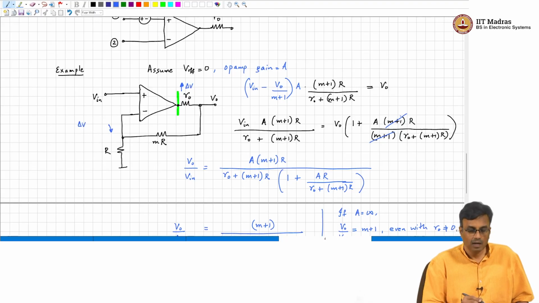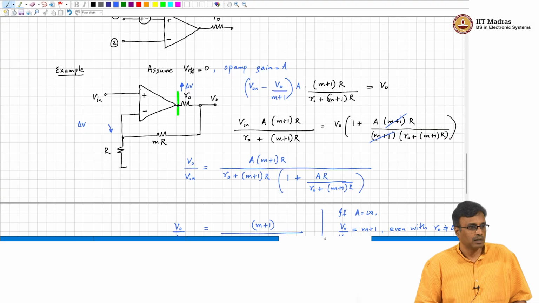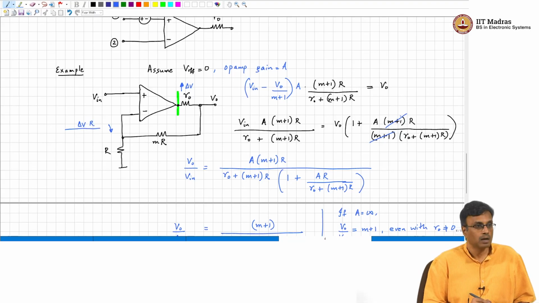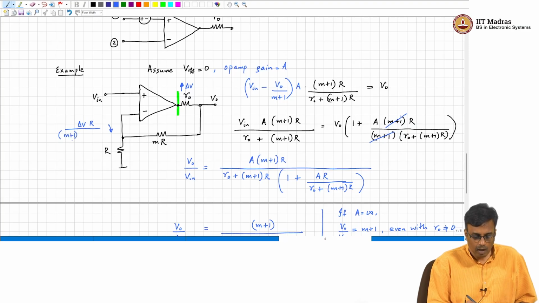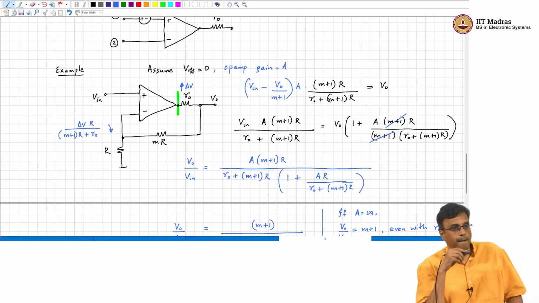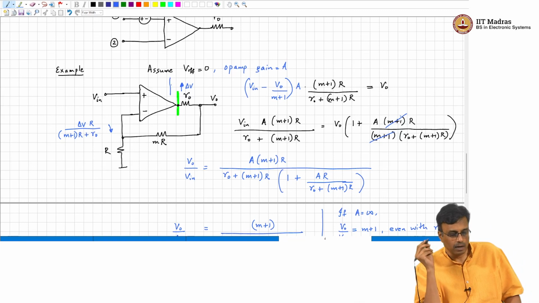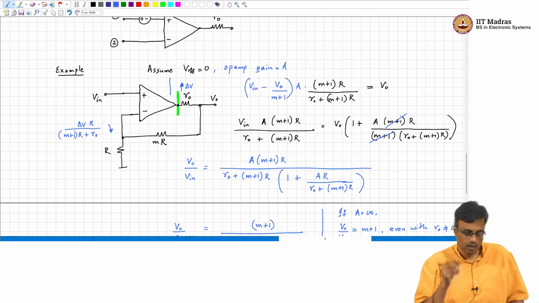Delta V, look carefully and answer. R by M plus 1 R plus R naught. Okay. And so what is the voltage that comes back there? Yeah.